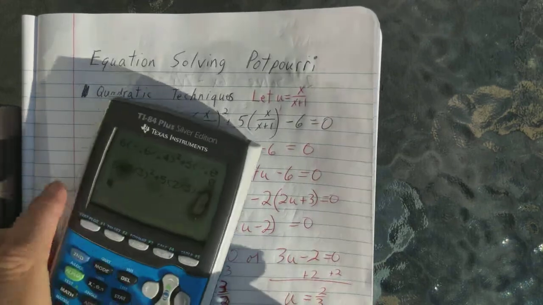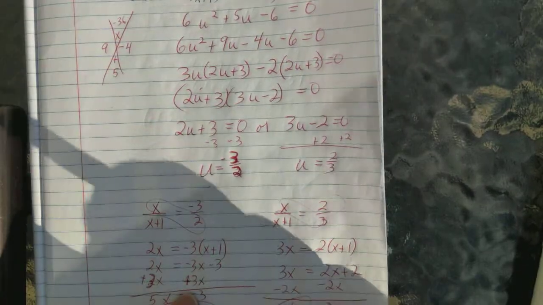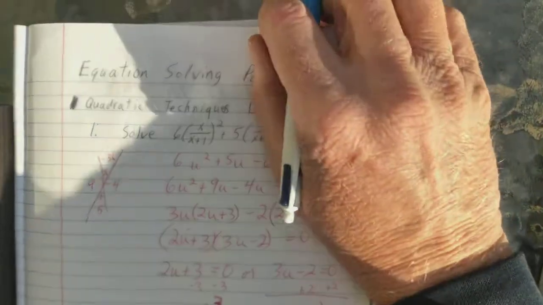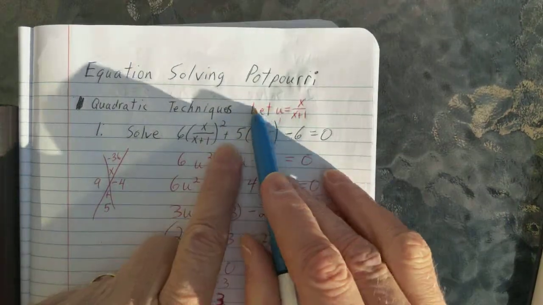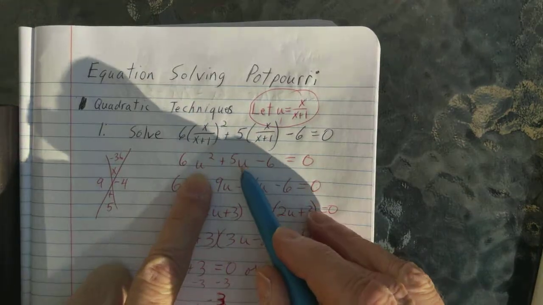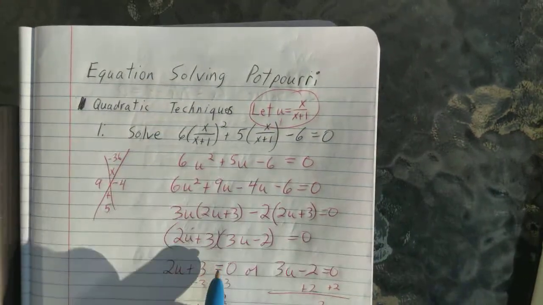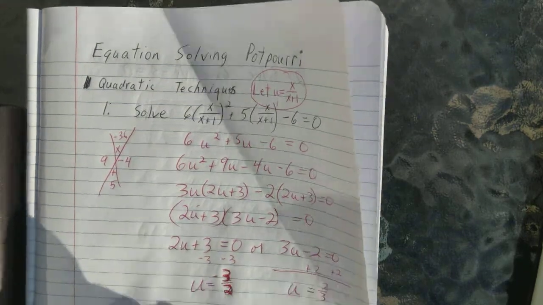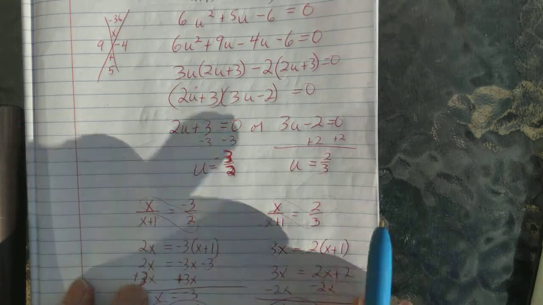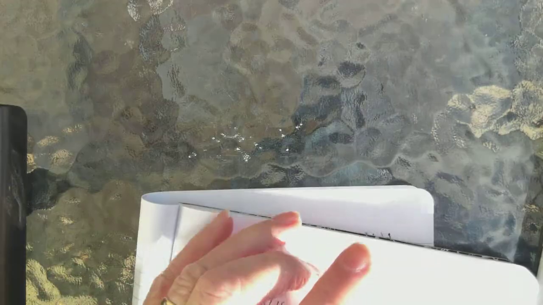I got 0 for that also. Alright, so we got our two solutions there. There's one problem down. Just hoping we're understanding that substitution thing we do so that we can look at a quadratic, solve the simpler quadratic, and then replace the u with what u is equal to and finish solving.